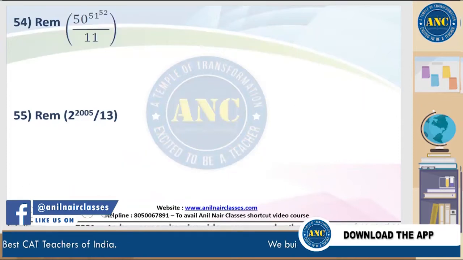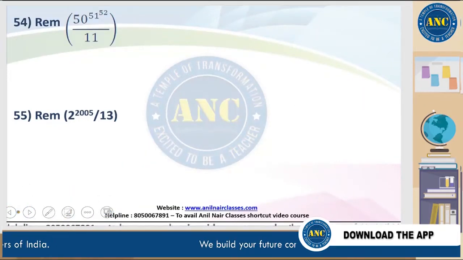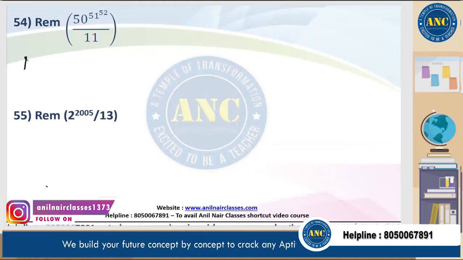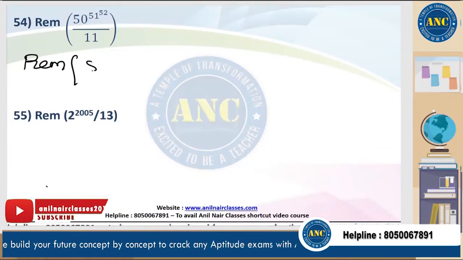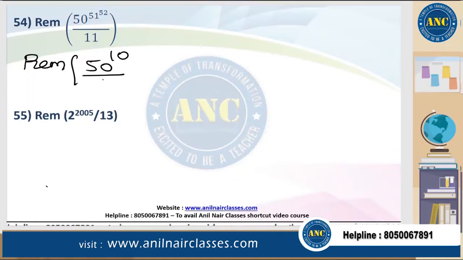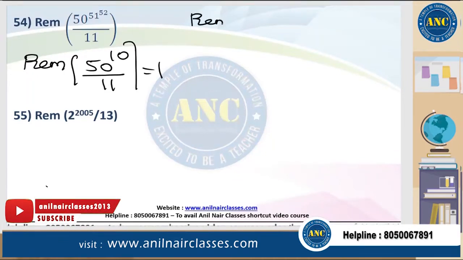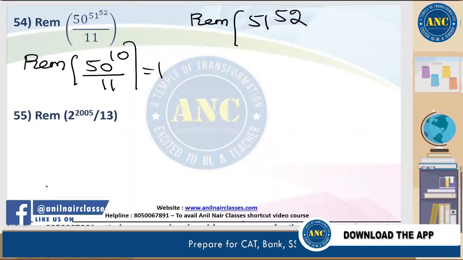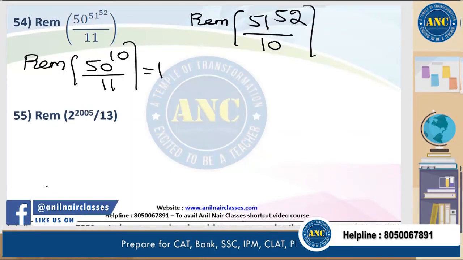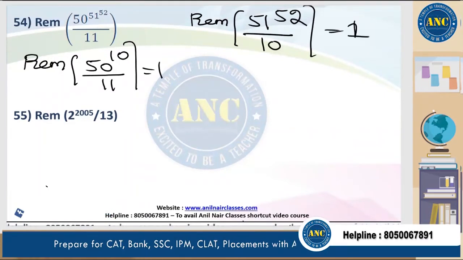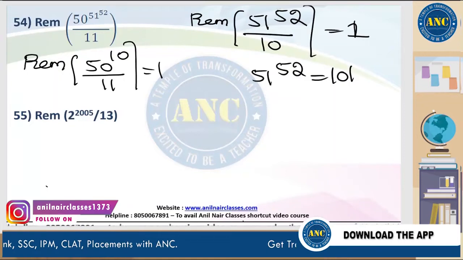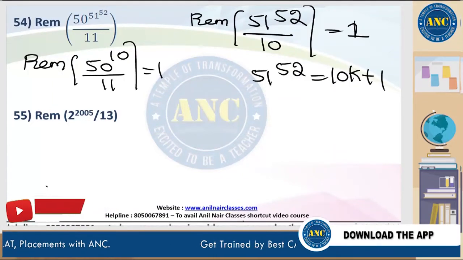Next one. 50 power 51 power 52 divided by 11. So this will become 50 power 10 by 11, which is nothing but 1. 51 power 52 divided by 10: 10 5s are 50, remainder 1. 51 power 52 is 10k plus 1.